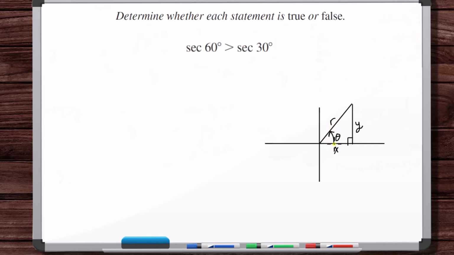So as theta approaches 90, secant is going to infinity. But as theta approaches 0, secant is going to 1, because x is approaching r. So you're going from 1 to infinity, which means that for acute angles, the larger the angle, the larger the secant. So this is true.